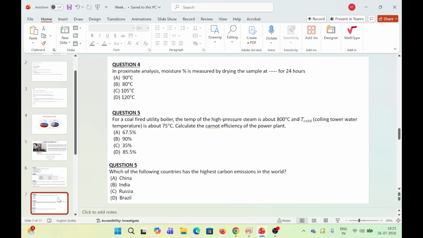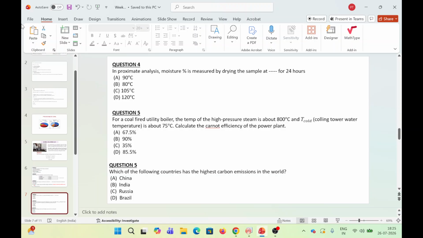Next, moving on. Question number 4. In proximate analysis, moisture percentage is measured by drying the sample at dash for 24 hours. At what temperature do you dry the sample so that you can get the moisture percentage?